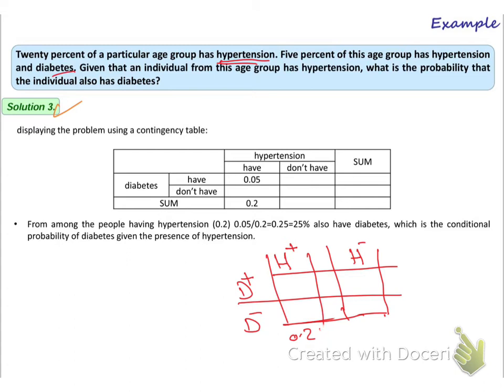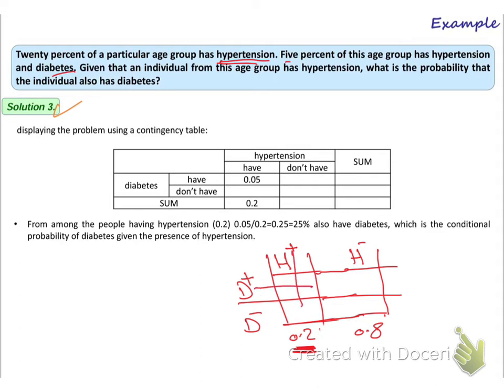So if the people who have hypertension are 0.2, the people who don't have it should be 0.8, or 80%. Then he told me 5% of this age group has hypertension and diabetes.